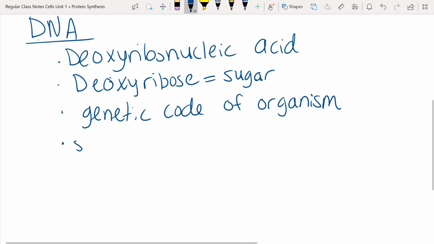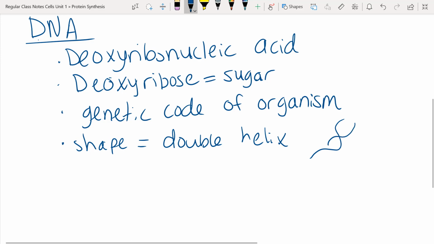Its shape equals a double helix that's anti-parallel. So remember, it looks something like this, where we have the inside, the rungs of the ladder, are our bases, and the outside is our sugar phosphate backbone.